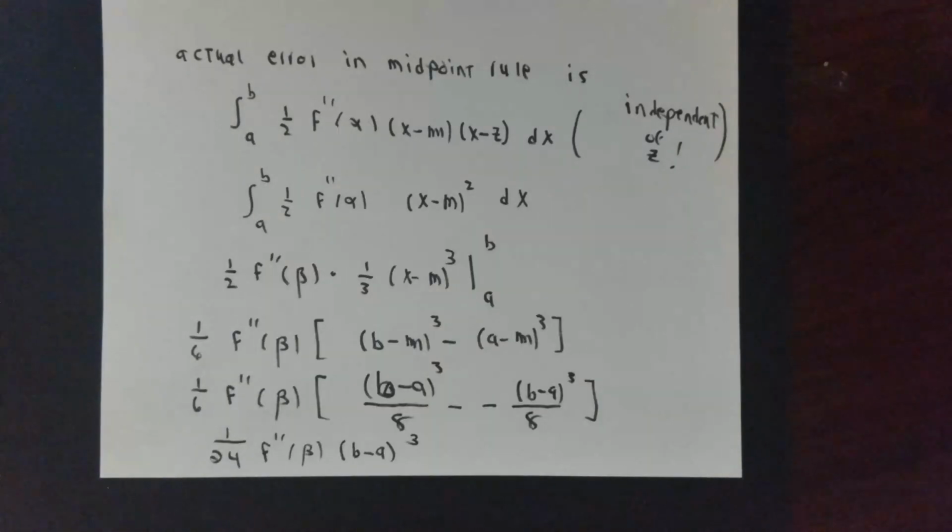So evaluating the integral, I find out that the actual error in the midpoint rule is 1 over 24 times a value of f double prime times (b minus a) to the third power. If you'll go back and look, the left-hand rule had b minus a squared. If b minus a is small, then this is going to be considerably better.